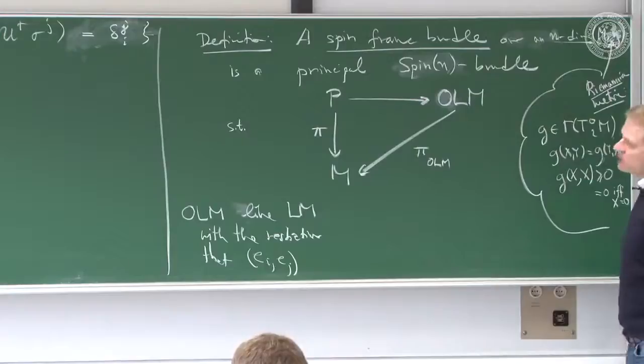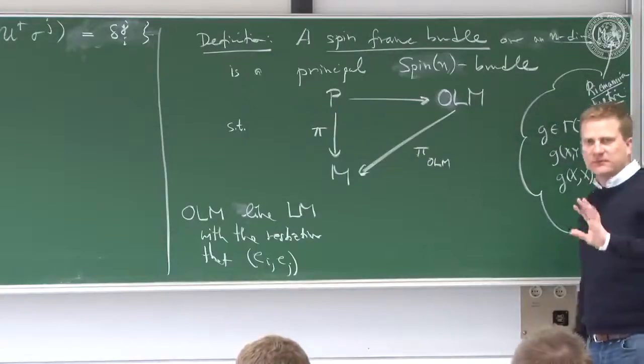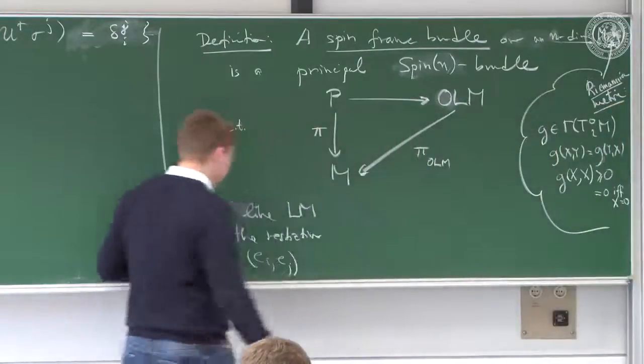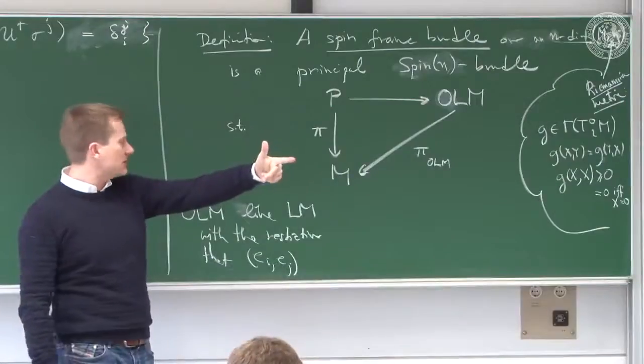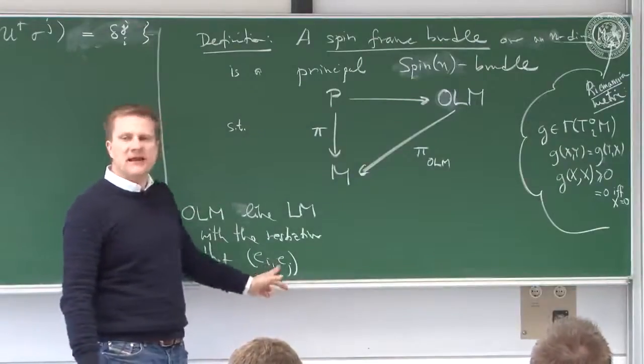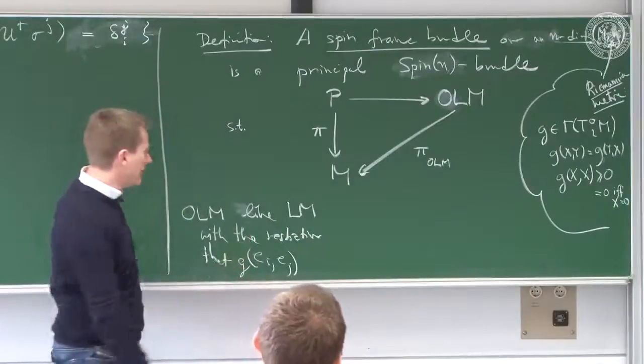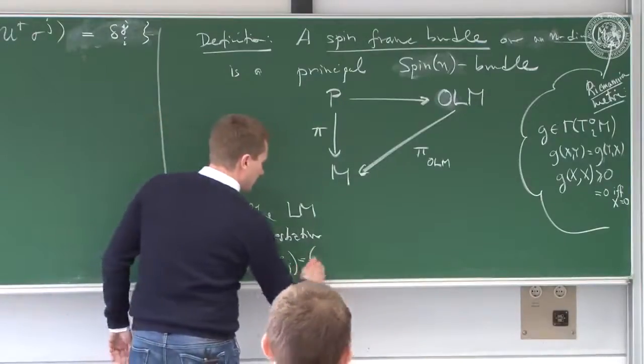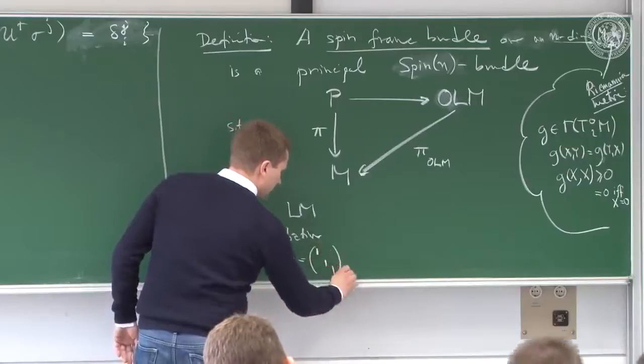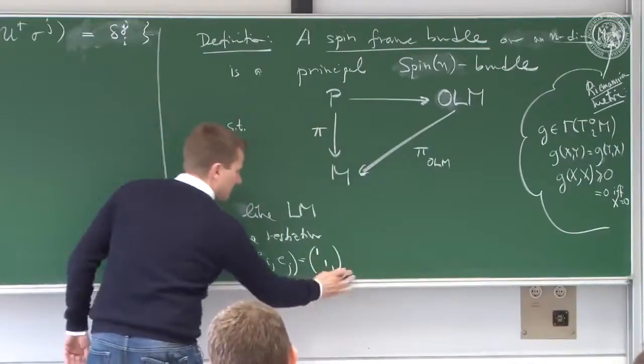I equip the manifold with this metric. And if the M is equipped with this metric, I can, in particular, if I have a frame at a position M, I can require that pairwise all these frame vectors at the point where I am give me this.